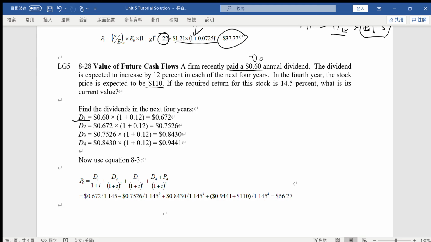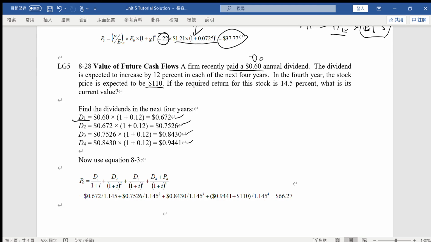That's why 0.6 times 1 plus 12%, D1 equals 0.672. D2, similar things, we will make use of D1 times 1 plus 12%. Then D3, same, using D2 dividend times 1 plus 12%, and so on. Finally, we can work out the 4th year dividend figures.